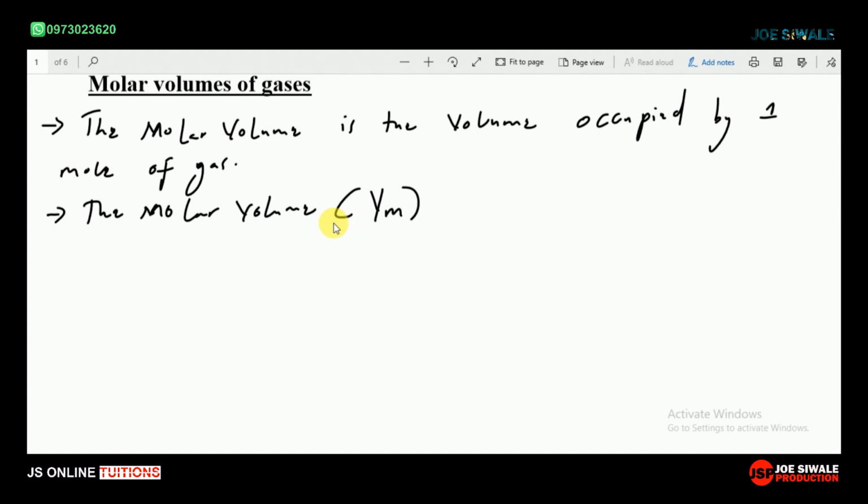The molar volume of a gas is the volume that it occupies at some standard temperature and pressure, or at room temperature and pressure. So it's the amount that is occupied at standard temperature and pressure.